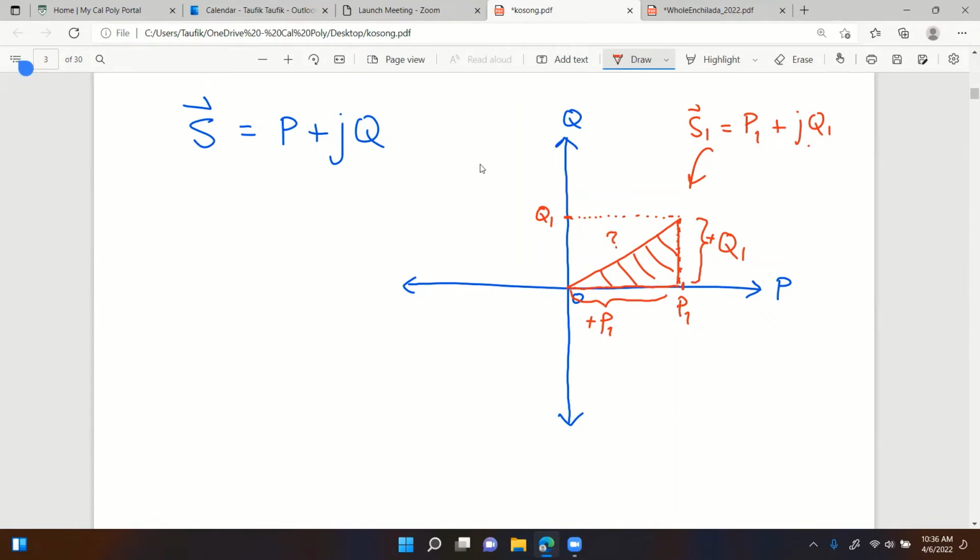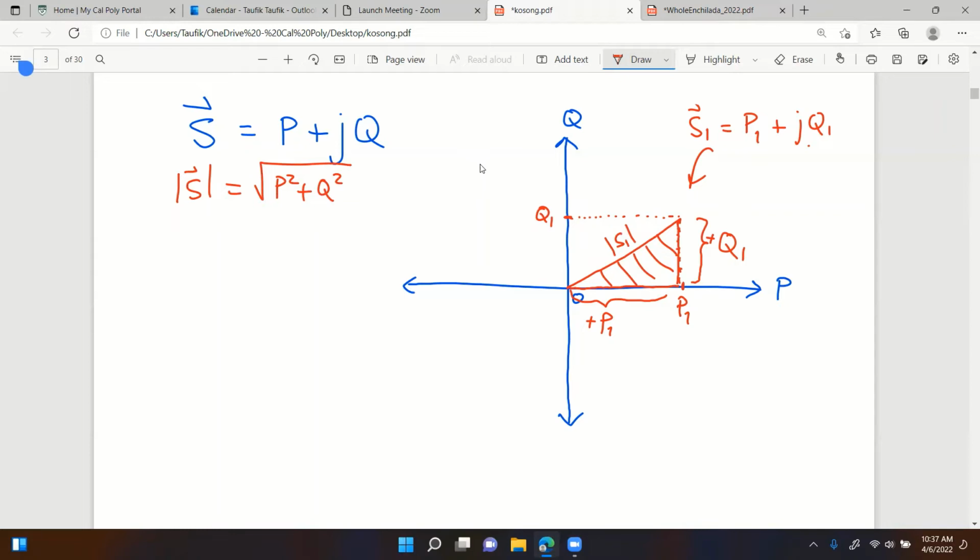What type of power? Apparent. Anybody? Apparent, yes, very good. We just learned about apparent power, which is the magnitude of the complex power, equal to the square root of P squared plus Q squared. Isn't that the same as the hypotenuse of this triangle? That's equal to S1, to be consistent.